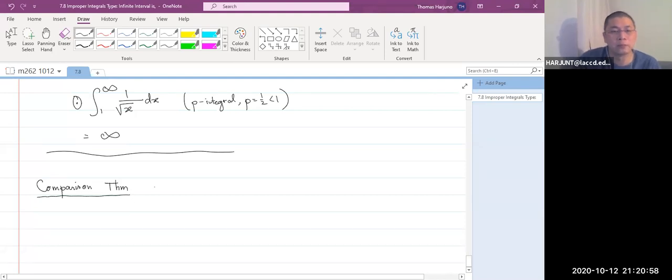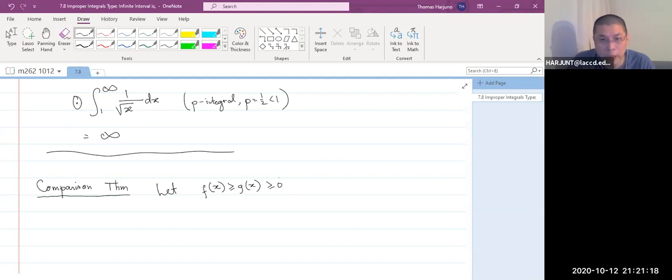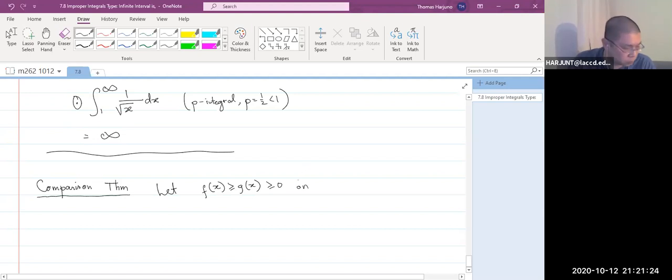What is the comparison theorem? It says the following: let f(x) be greater than or equal to g(x), greater than or equal to 0. So both these functions are non-negative, okay, on the interval a to infinity. I think I need to say that f and g are continuous.